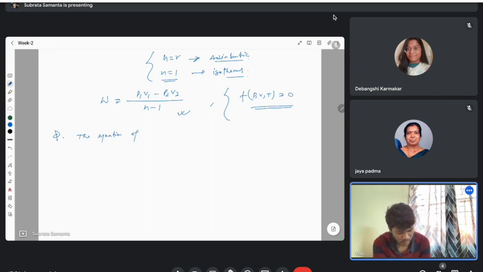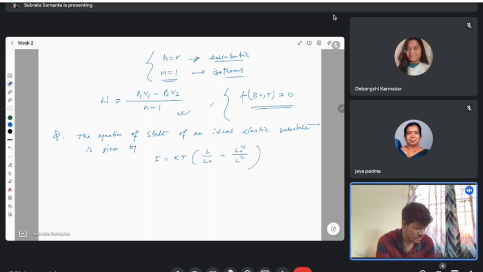The equation of state for an ideal elastic substance is given by, let's say, F equals kT times L by L0 minus L0 squared by L squared.